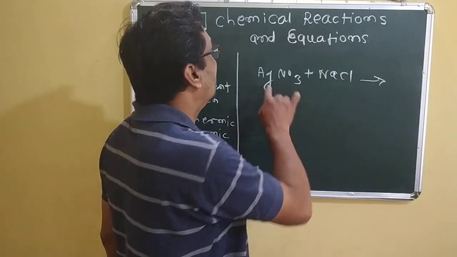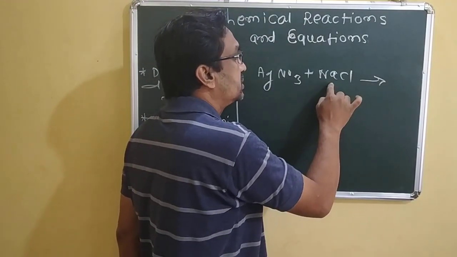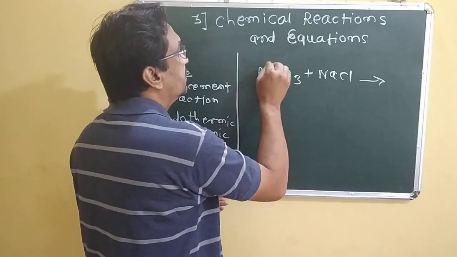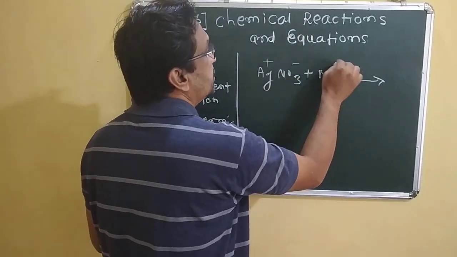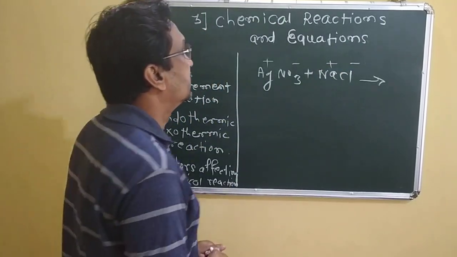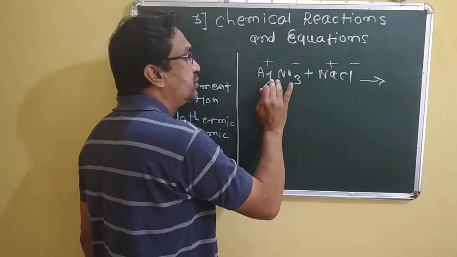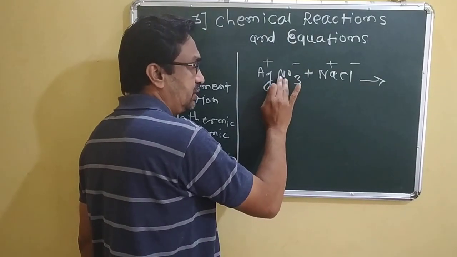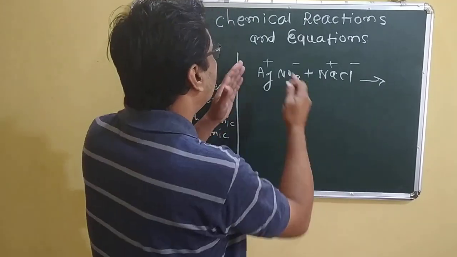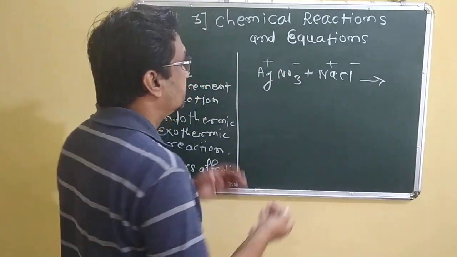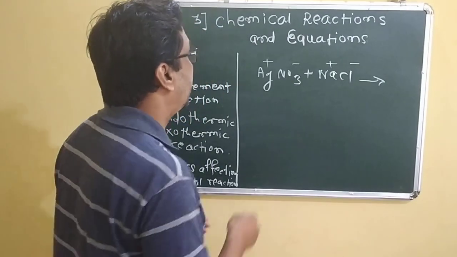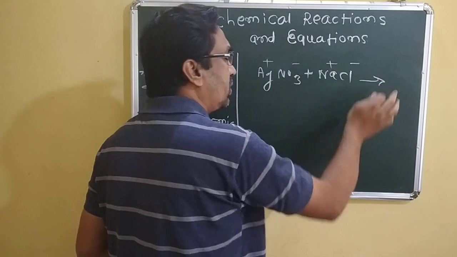Silver nitrate has a positive ion and a negative ion, and sodium chloride has a positive ion and a negative ion. In the reactants, the 2 compounds interchange their ions, forming ionic bonds, and they form sodium nitrate and silver chloride.